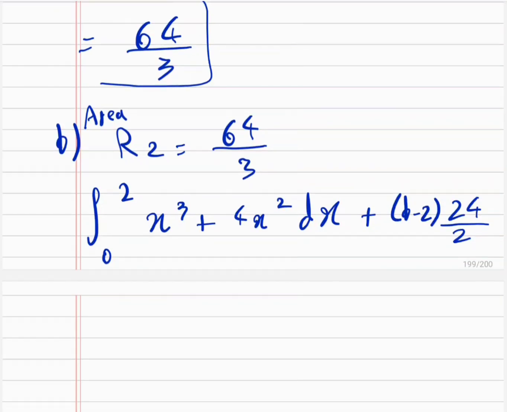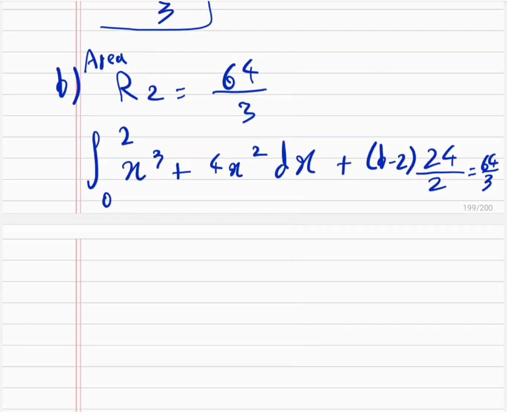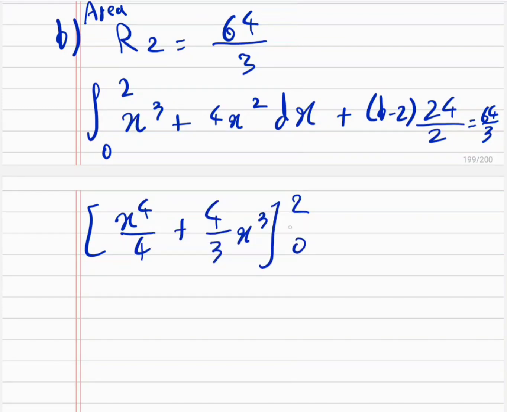Let me rewrite this. Now that we have this equation, we just need to solve the integral as much as we can, and then finally solve the equation to get the value of b. When we integrate, we get x to the power of 4 over 4 plus 4 over 3 x cubed, with limits 2 and 0.